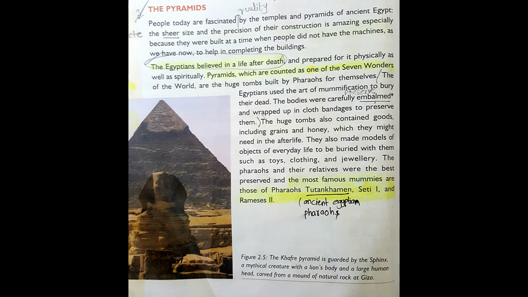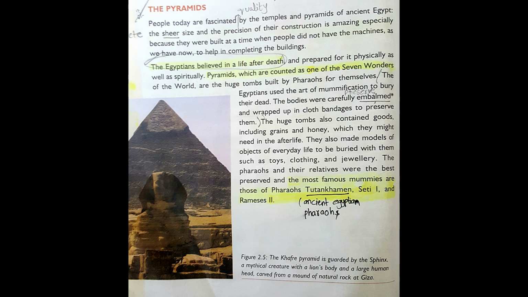The Egyptians believed in a life after death and prepared for it physically as well as spiritually. Pyramids, which are counted as one of the seven wonders of the world, are the huge tombs built by pharaohs for themselves. Students, Egypt's pharaohs expected to become gods in the afterlife.